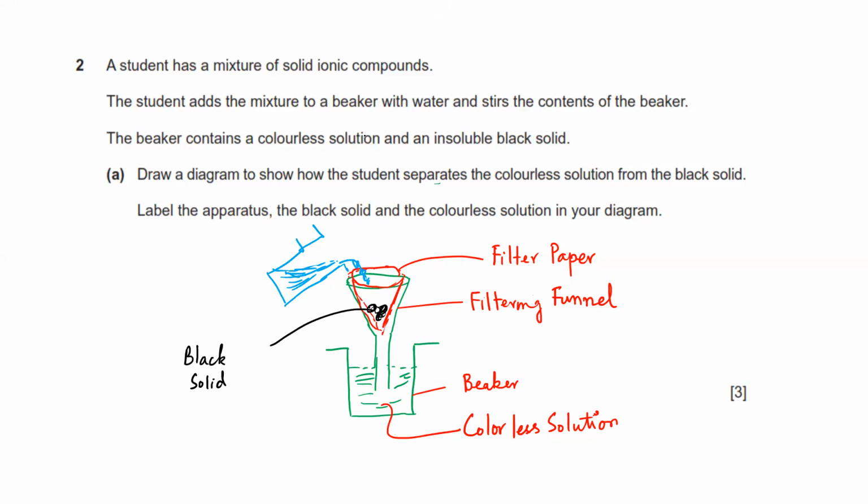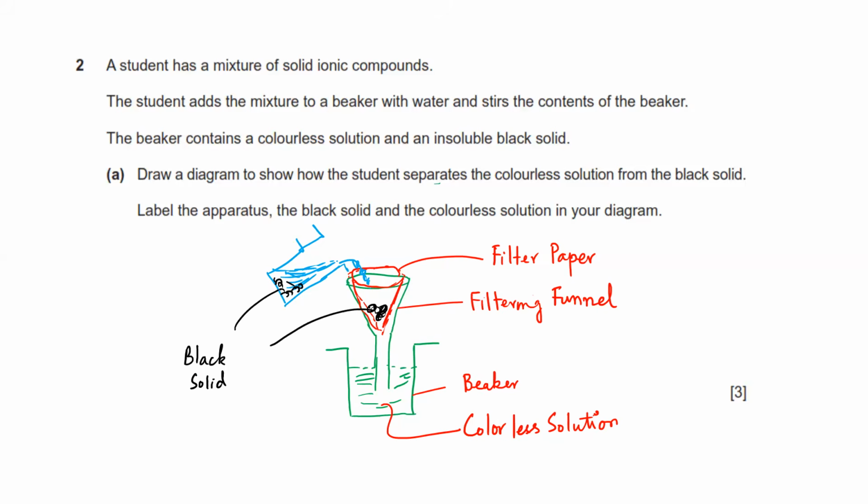Okay, so this is how it would look like. The student adds a mixture of ionic compounds to a beaker with water and stirs the content of the beaker. The beaker contains a colorless solution and an insoluble black solid. So there is some sort of insoluble black solid. This is also black solid. Then we have to basically filter this from the solution. So this is how the diagram will look like.